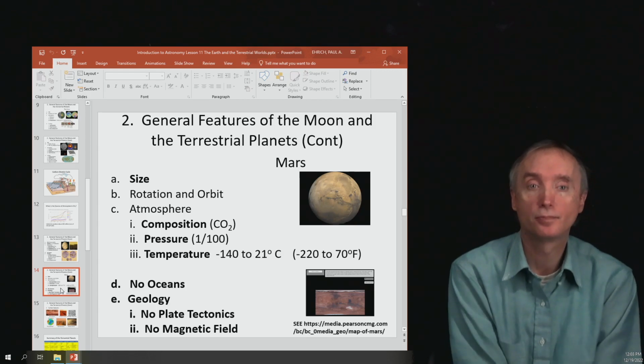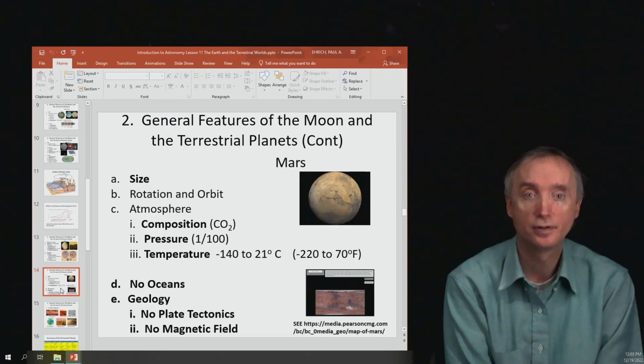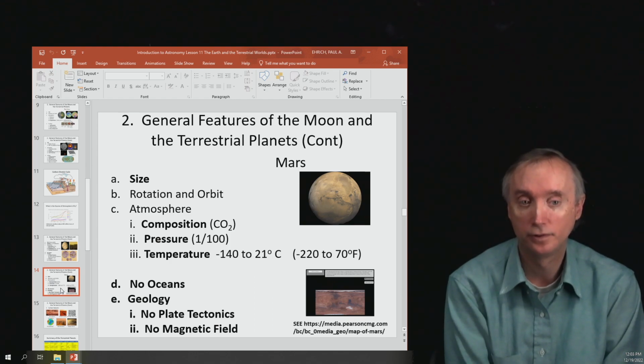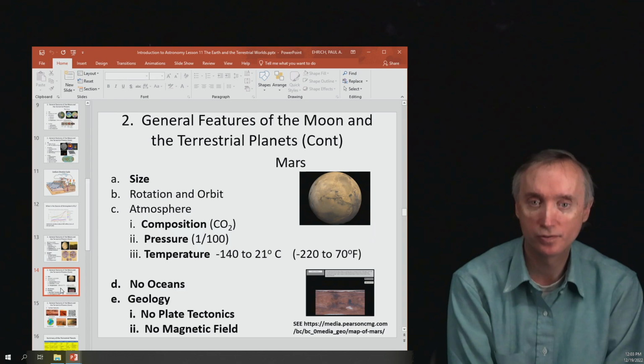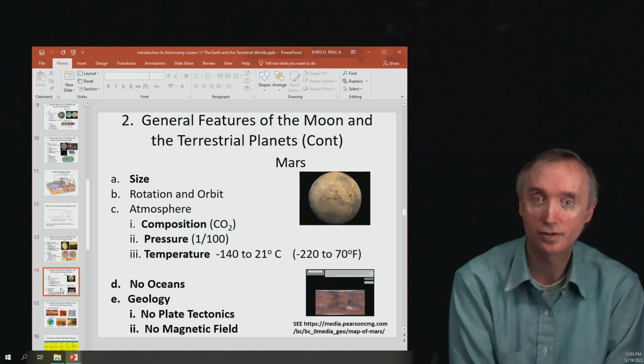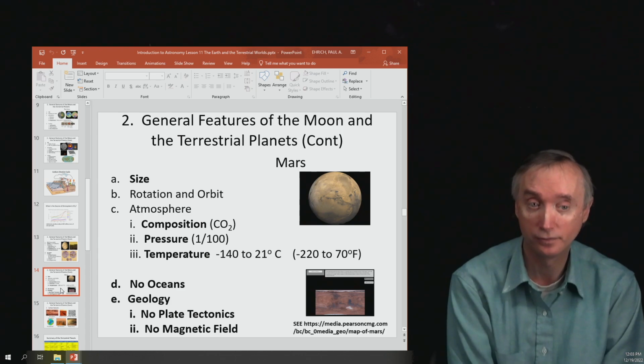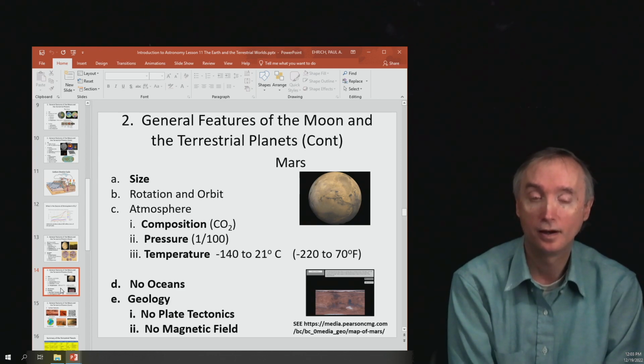Mars. So some properties of Mars: very small. It's only half the size of the Earth. That's the major thing that influenced Mars. So it's so small that it lost its heat, lost its plate tectonics, its volcanism decreased, so less carbon dioxide in the atmosphere, which means that its atmosphere got thinner and thinner.